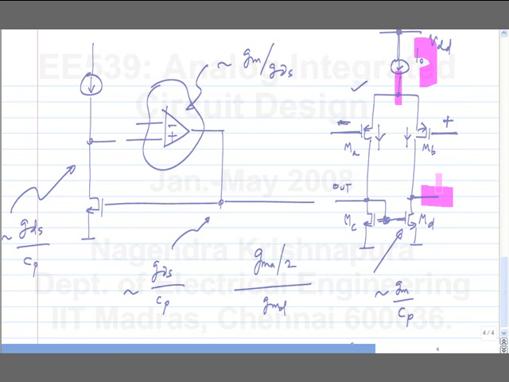So that's why you can't have circuits like this. If you operate it in open loop, most likely the bias point will be where one of these transistors is in triode region because of the mismatch. So the likelihood of it sitting right in the middle where you want is very, very low.